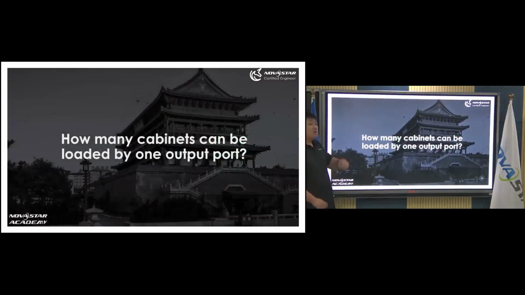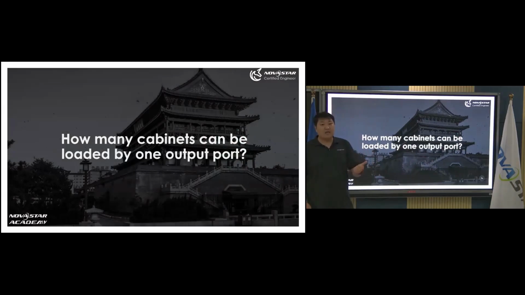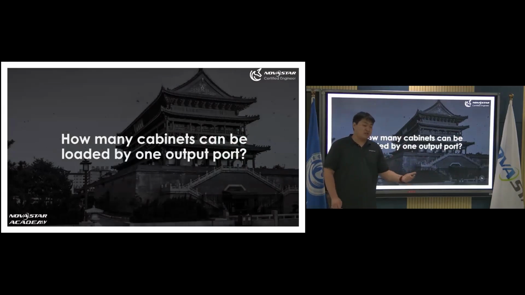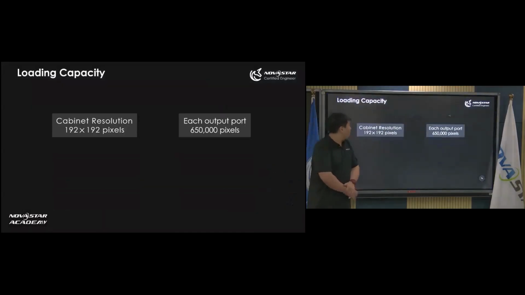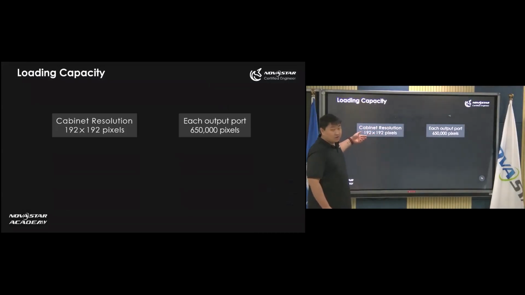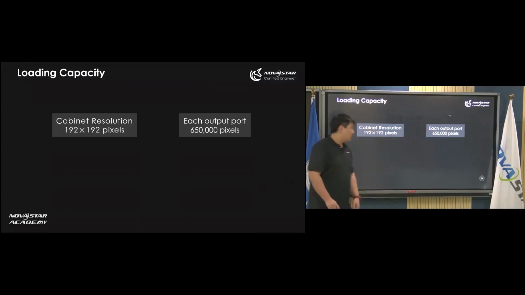Once we know that, the next thing is how many cabinets can be loaded by one output port. Because we know the port loading capacity and we know the way to calculate the cabinet resolution, the next thing is how many cabinets can be loaded by one port. Let's check this case. The cabinet resolution is about 192 by 192, and each port gets 650,000 pixels.